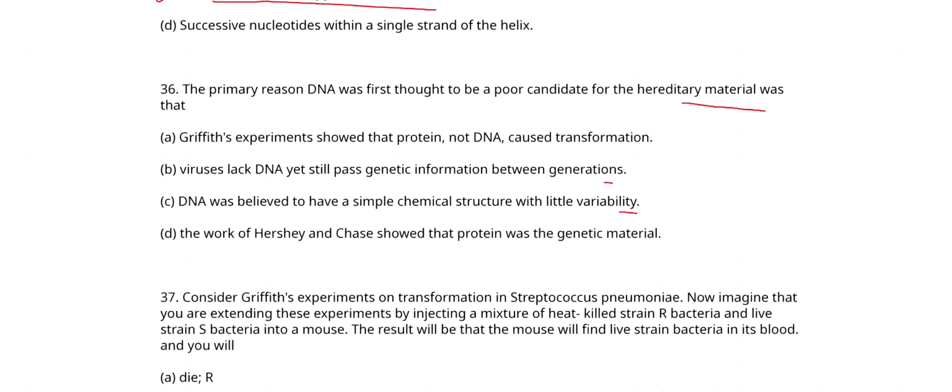The answer will be C. Since the building blocks of DNA were thought to be structurally simple and few in number, biologists prior to the 1940s thought that only proteins could have the necessary complexity and diversity to be the hereditary material.